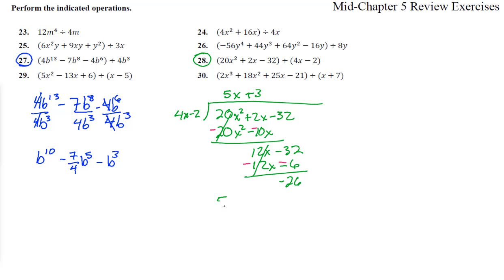So our answer would be 5x plus 3 with a negative 26 over the original 4x minus 2. And I think that could simplify just a little bit if you want to take a 2 out of the top and a 2 out of the bottom as well, but I think that's okay to leave it like that.